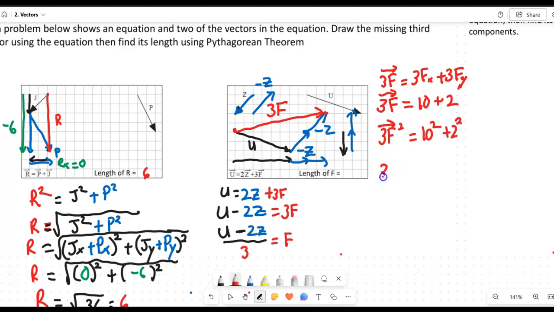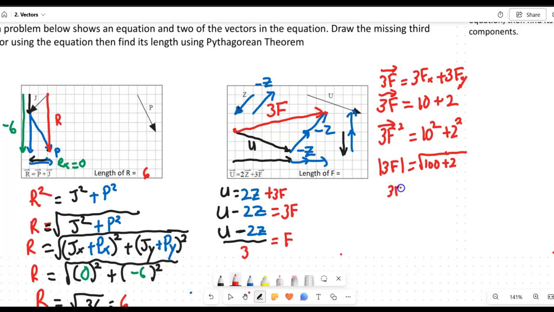So that 3f resultant vector's length, when we perform that operation and square root it, now we're finding the length of 3f, which is going to be equal to the square root of a squared plus b squared. So this is going to be 10 squared, which is 100, plus 2.